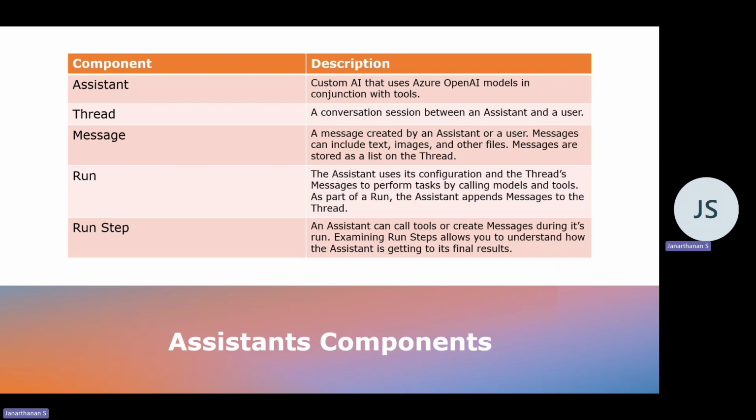The last two important components are run and run step. A run is where an assistant uses its configuration and the corresponding thread messages to call the respective models and the respective tools available in the Assistant API.